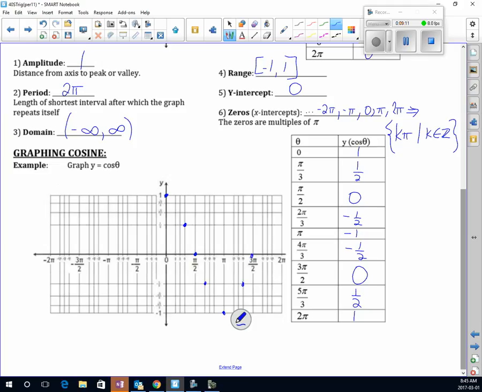Then 0. Then 1/2. Then 1. So then again, I have the bars here on this graph. If you do all the intersections there, you'll see it's the rest of the wave. So you can see it goes like this. Looks very similar to the sine graph, doesn't it?